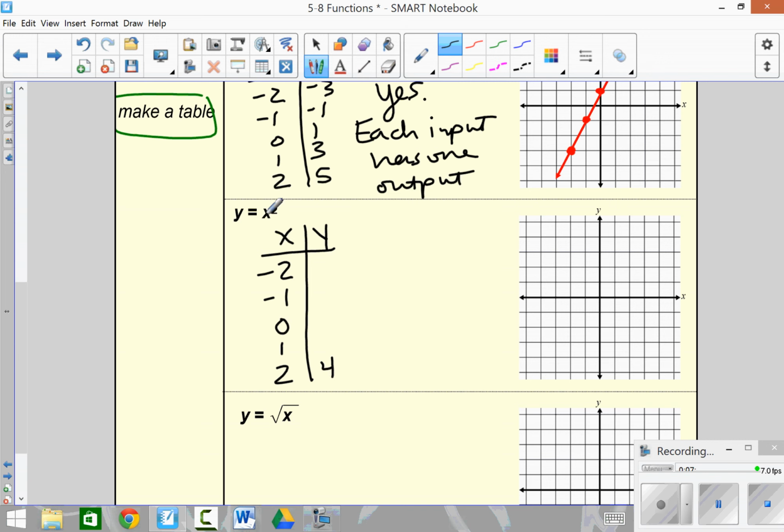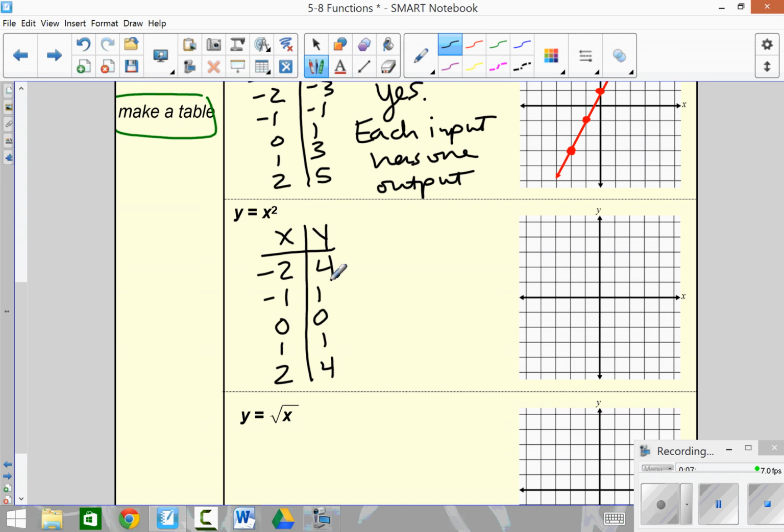Put in 1, 1 to the second power is 1. 0 to the second power, 0 times 0 is 0. If I put a -1 here, -1 to the second power, in other words -1 times -1, is +1. -2 squared, -2 times -2, is +4.